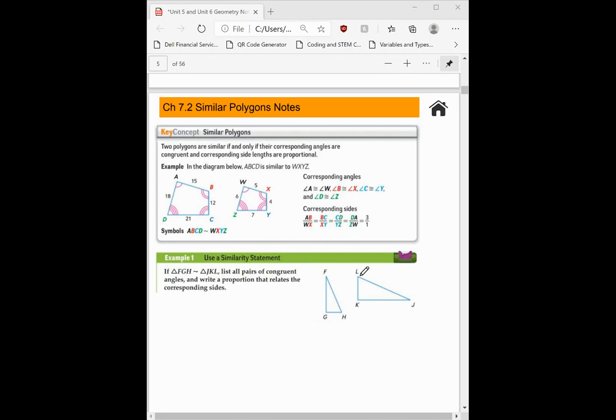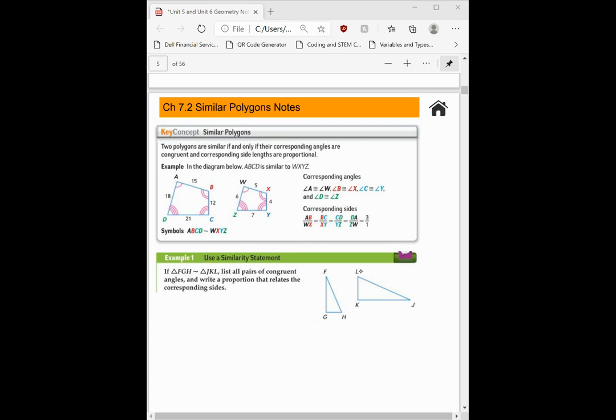So let's look at the example and diagram. We have ABCD, so this first polygon, similar to WXYZ. Well, all of their angles have corresponding angles, and we can see that by the number of loops on each one. So we have a 1, 2, 3, 4. We also know that their corresponding sides have a proportional length.